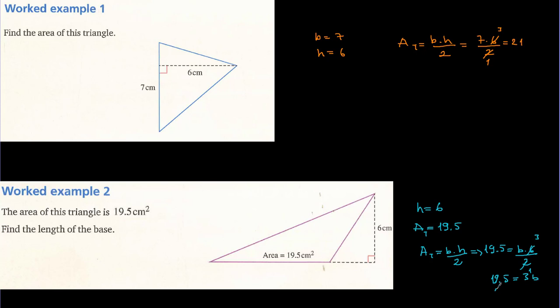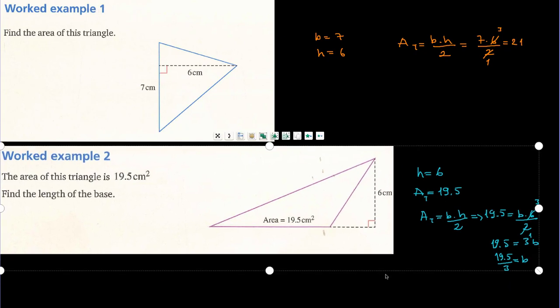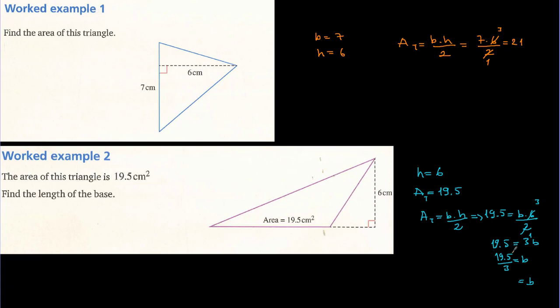And the b value is 19.5 divided by 3. So b is equal to 19.5 divided by 3, which is not approximately, it's going to be exactly 6.5. Let's divide 195 by 3: 6 times 3 is 18, and when you subtract, it's going to be 1. 5 comes down, 15, in 15 there is 5 times 3, it's 15, and the result is 0.